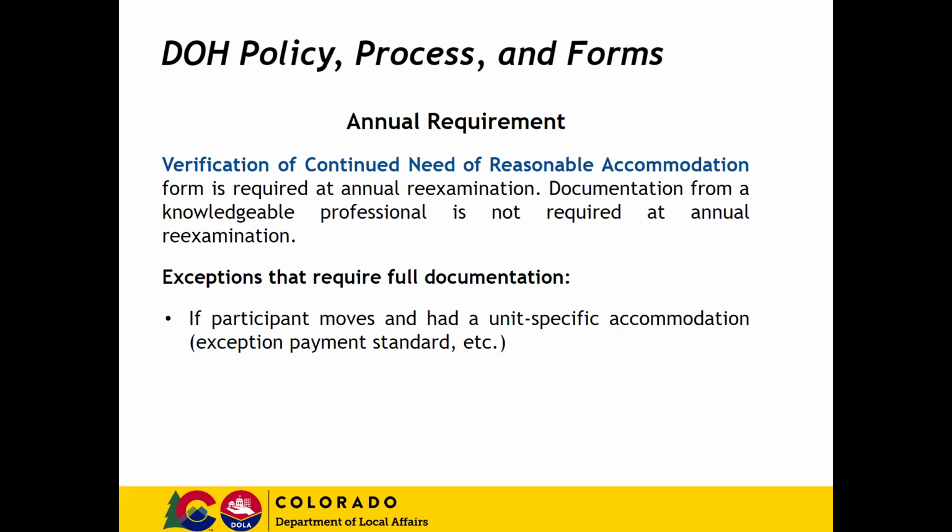We don't want to require our participants to do all this work when the likelihood that their disability hasn't changed and the need persists is still there. We just simply ask that our households complete what's called a verification of continued need of reasonable accommodation at annual re-exam. We don't require anything from a third party, a knowledgeable professional, just our participants self-certifying, this is my accommodation I have in place.